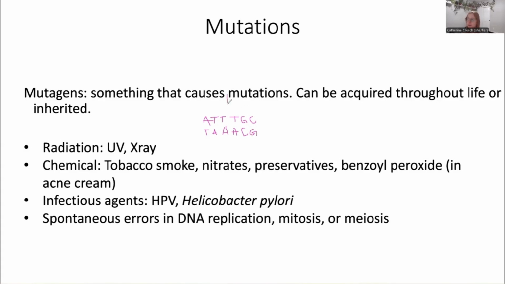UV radiation will come and hit these thymines, and it creates what we call thymine dimers. In thymine dimers, you create thymines that get a little bit too attracted to each other. And so these two thymines here will bend toward each other, and they will bond to each other instead of their A's.